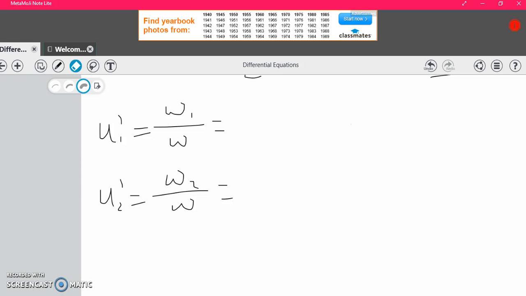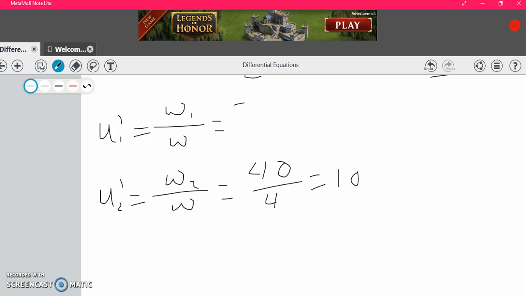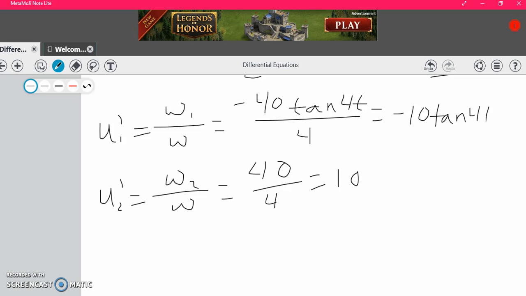I did the wrong one first. Sorry, guys. So this one is 40 over 4, which is equal to 10. The first one is negative 40 tangent 4t over 4, which will give you negative 10 tangent of 4t.